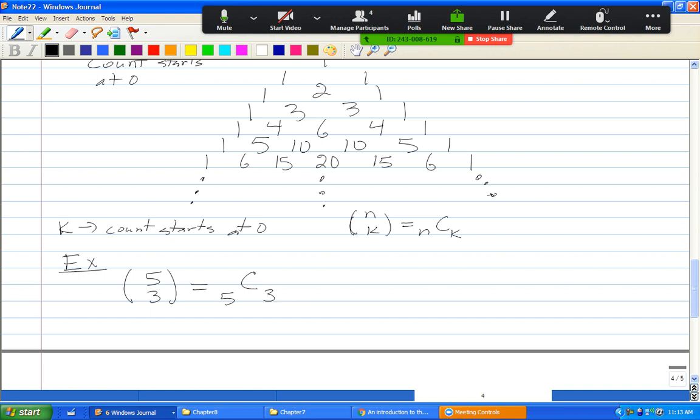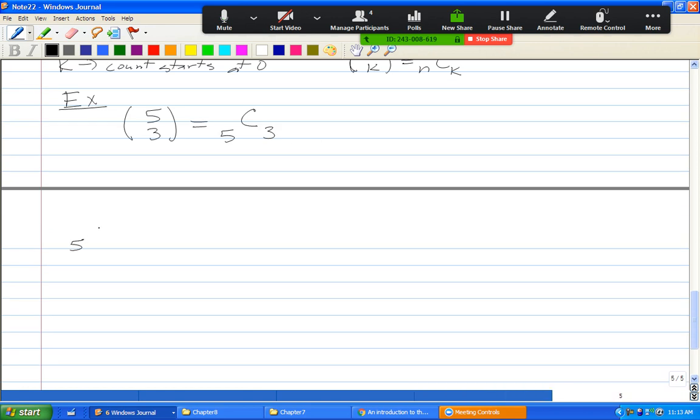Well, this is the same as 5 factorial over 3 factorial times (5 minus 3) factorial, which is 5 factorial over 3 factorial times 2 factorial.